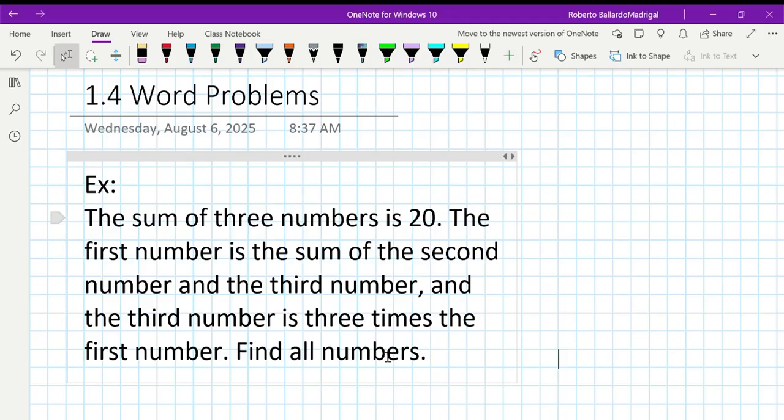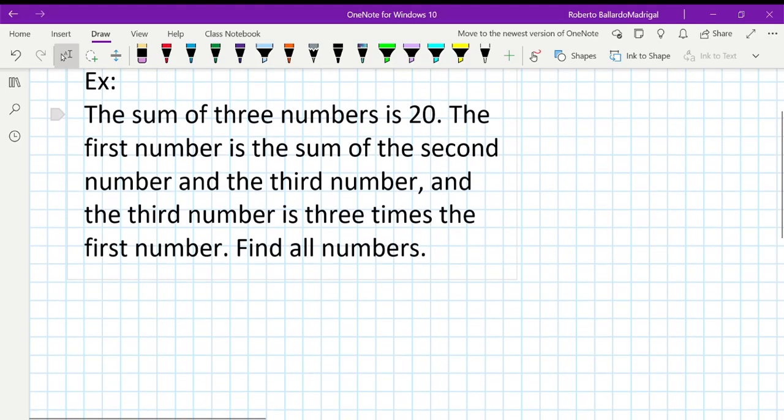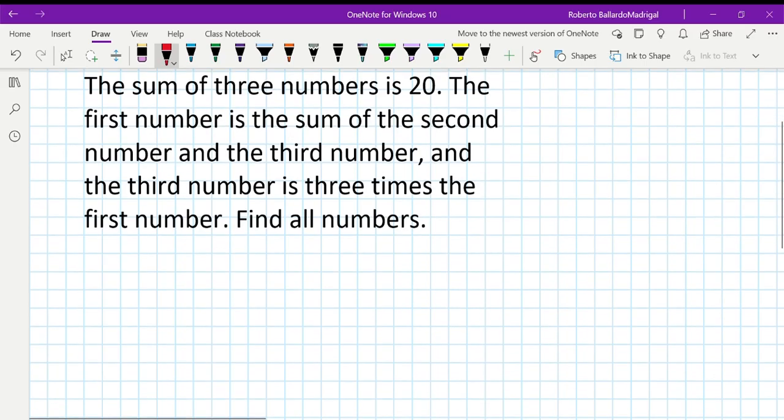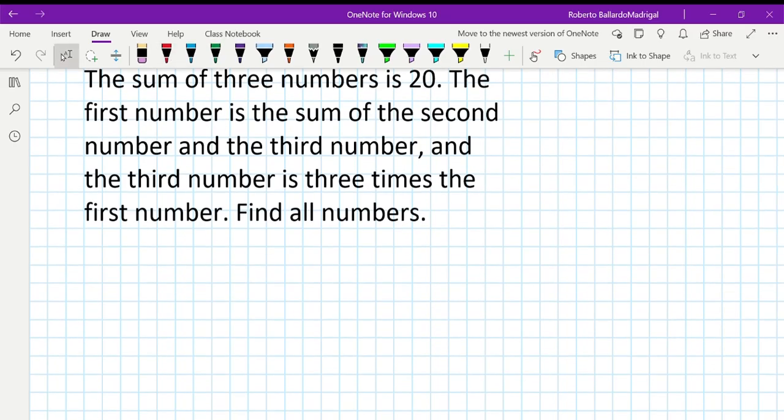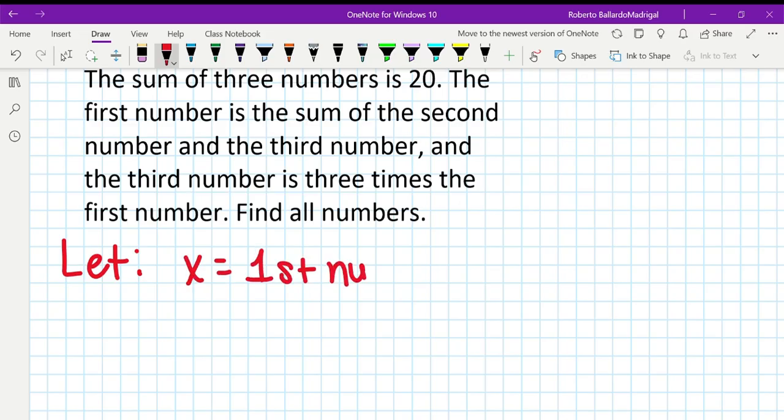So why don't we begin with the following. Let's let x equal your first number. We will let y equal your second number.